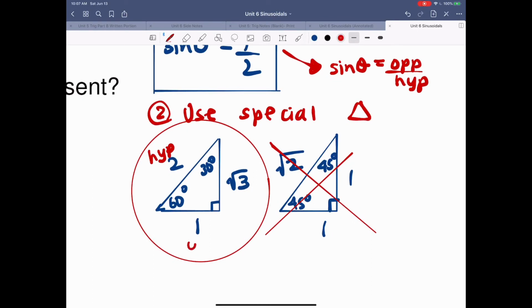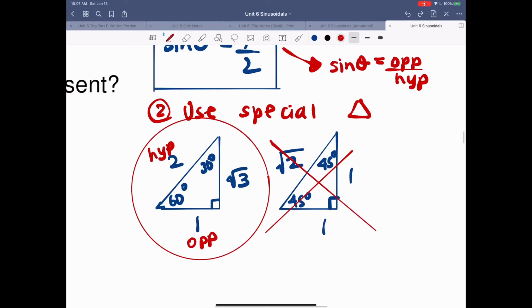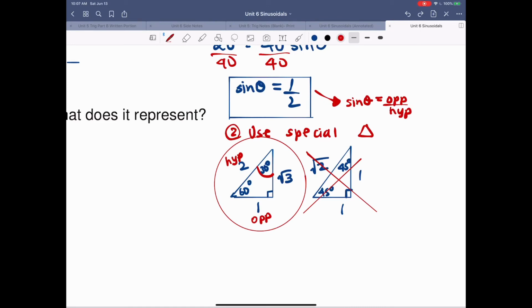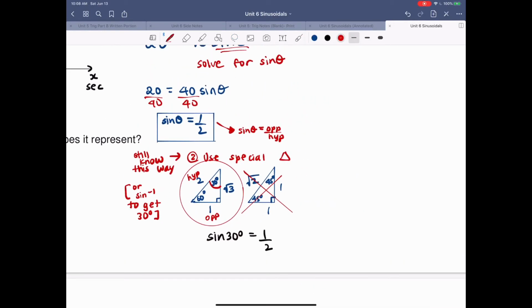Obviously, this has to be the opposite because of the ratio given, right? So what is the angle of interest? The angle of interest must be this one right here, because that's the only way this is going to be opposite. Do you see that? So this is the special triangle way, and we can state that sine 30 degrees is equal to 1 over 2. Okay, so let's move on. We know now that the related acute angle is 30 degrees.